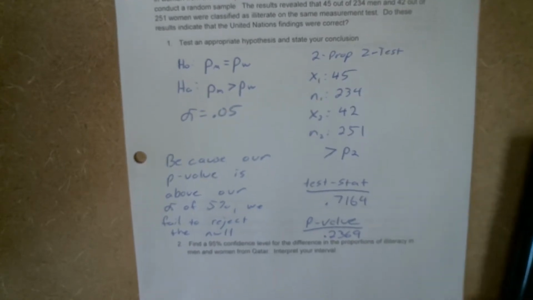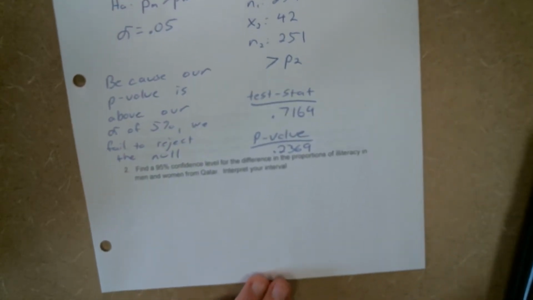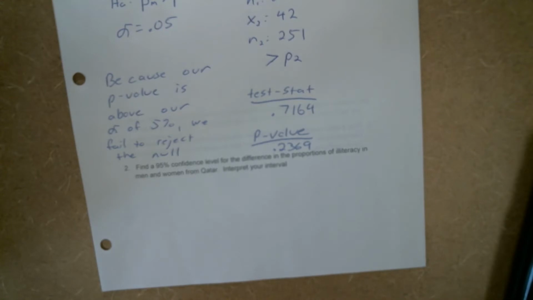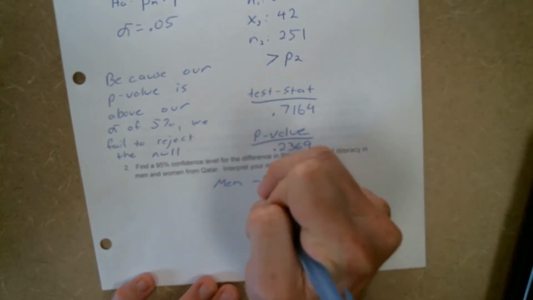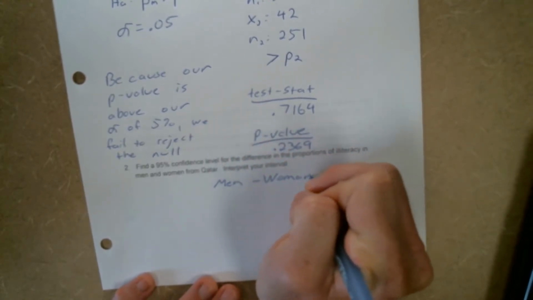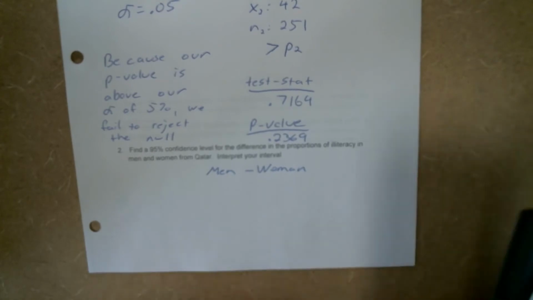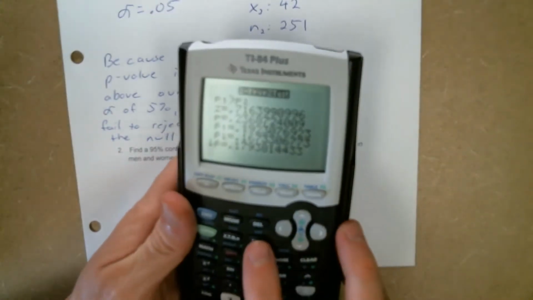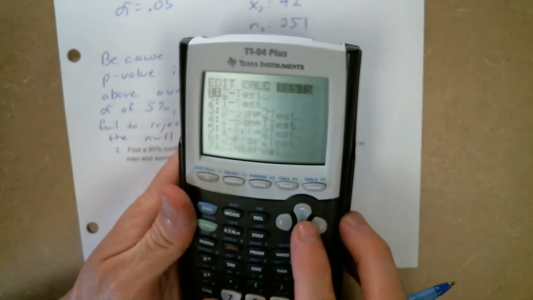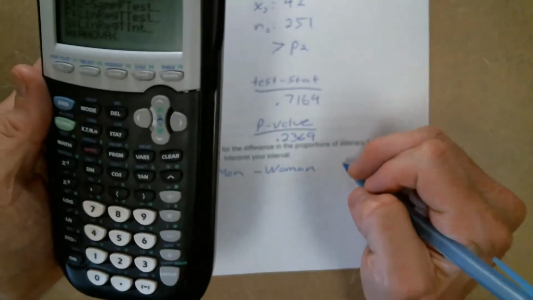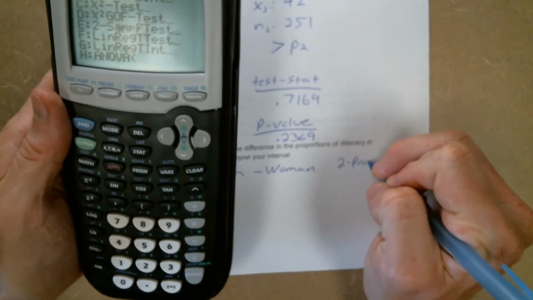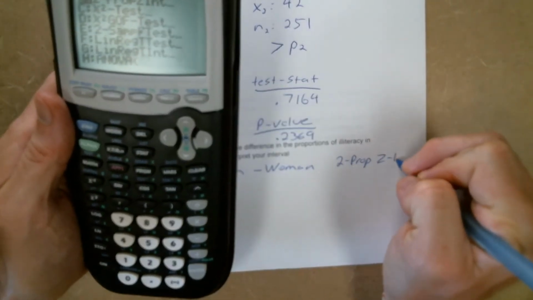Number 2, find a 95% confidence interval for the difference in proportions of literacy in men and women. So if we're doing men minus women, what are the possible values that could result from comparing those two things? So again, we're going to go to stat tests. This time we're going to 2 prop z interval.